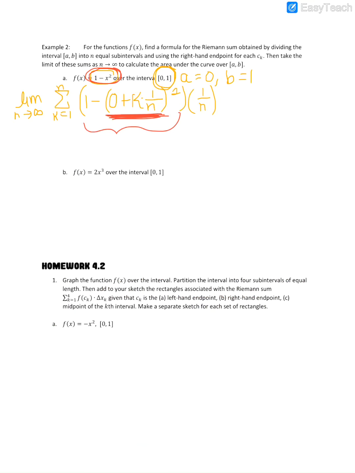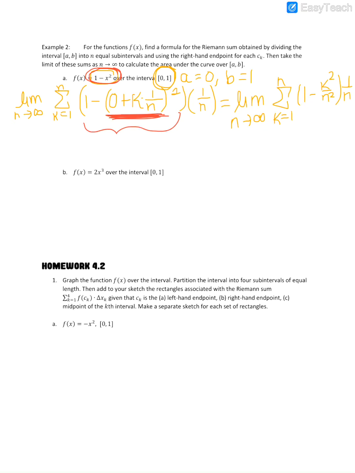All right, I'm going to take a moment to simplify this a teeny tad. Okay, so here we go. We have limit as n goes to infinity, Riemann sum from 1 to n. So here I have 0 plus k over n, squared. Well, the 0 does nothing. So this is really 1 minus k squared over n squared times 1 over n.